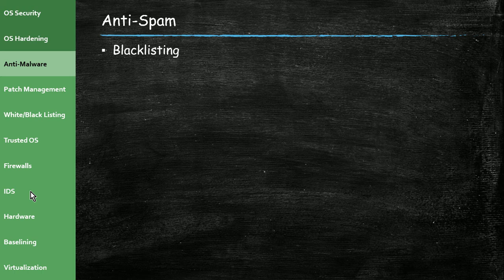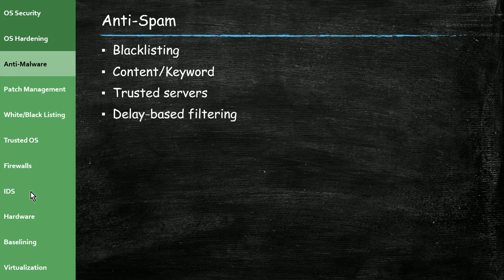But if you do have to do something to detect spam, one way to do that is blacklisting. So you can blacklist known spam senders. You can use content and keyword filtering to look for things that might indicate that it's spam. Look for only trusted servers. Delay-based filtering is a technique where you're taking advantage of the fact that the spammers have to send a massive amount of email very quickly.